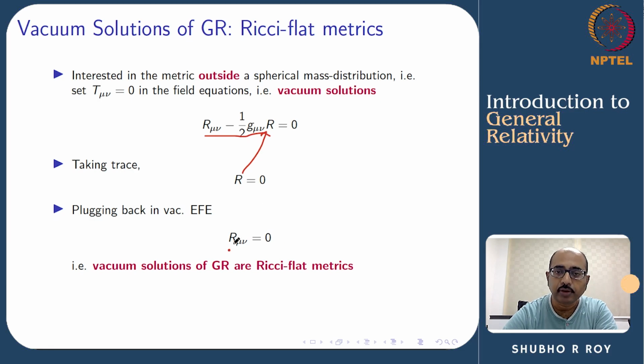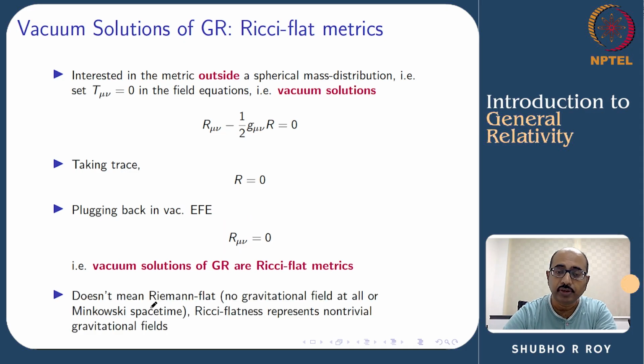That is, not only the Ricci scalar, but the Ricci tensor itself must vanish. Okay? So this is a general result which tells you that whenever I set T mu nu to 0, that is vacuum, solutions of GR are always going to be Ricci-flat metrics. That is, Ricci-flat metrics are those for which the Ricci tensor vanishes.